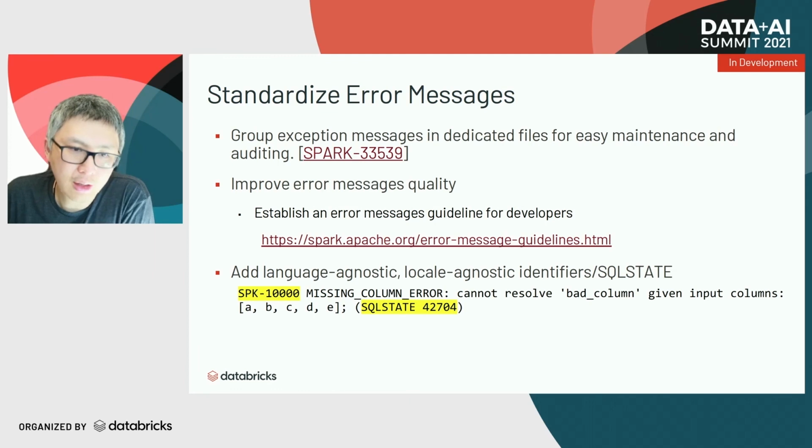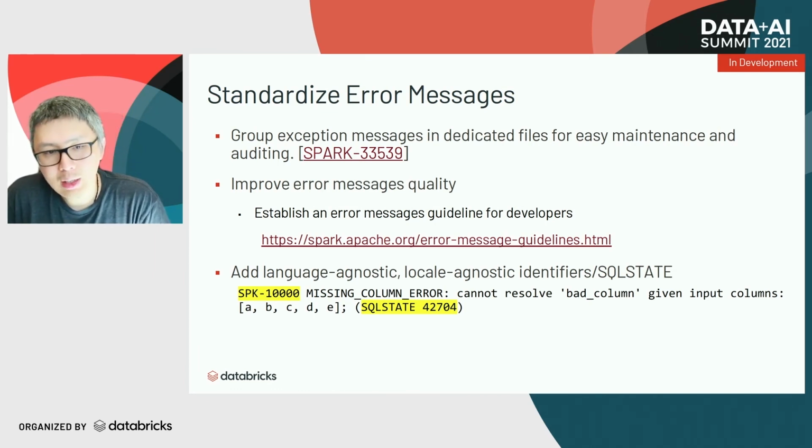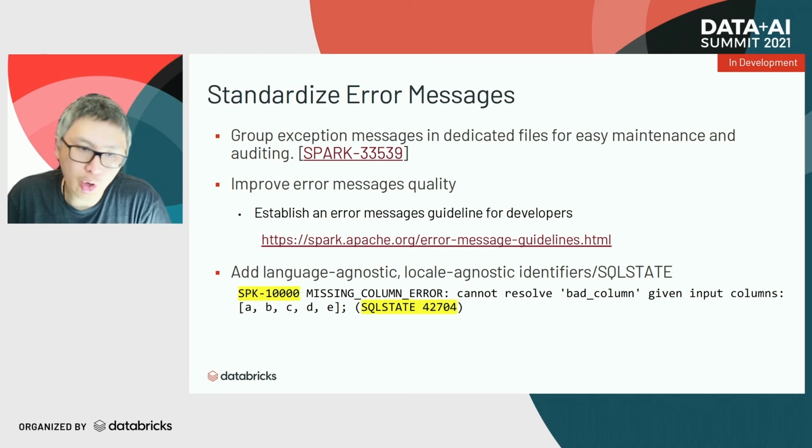Then let us talk about the error message. Starting from last year, the community started working on error message improvements, and there are three major projects. First, grouping exception messages into dedicated files. After that, it will be easier for our developers to audit the new messages and improve the message quality.